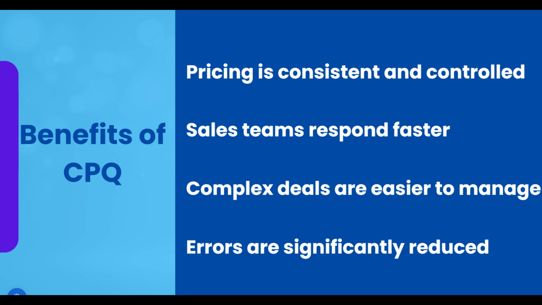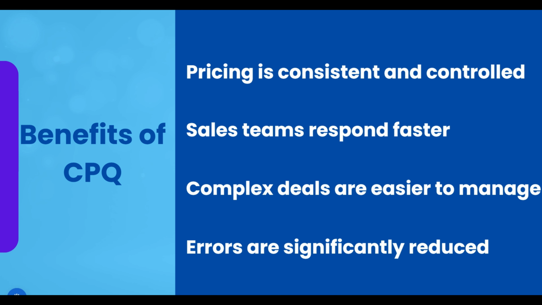Instead of manually calculating prices or preparing quotes, sales representatives can generate accurate quotes within a minute. The third benefit is that complex deals are easier to manage. When a business offers multiple product combinations, bundles or customized pricing models, CPQ simplifies that complexity by automating the configuration and pricing process.